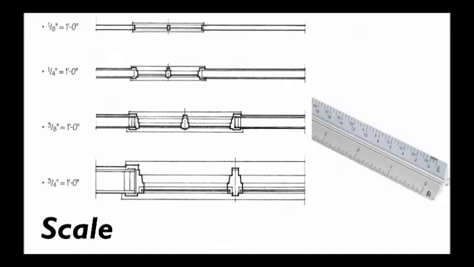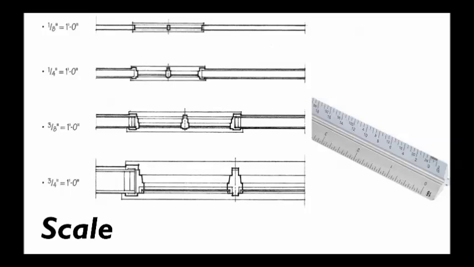The scale of the drawing means whatever proportional size from reality your drawing is going to be at. So what that means is if I am making a drawing of a building, I'm not going to make an actual 10-foot long drawing to show a 10-foot long wall.